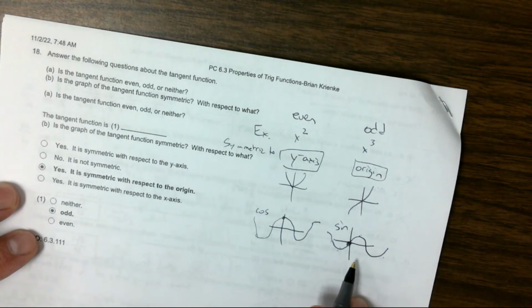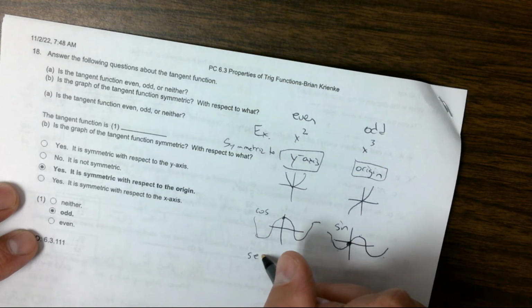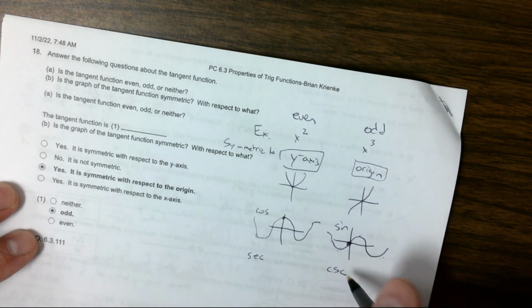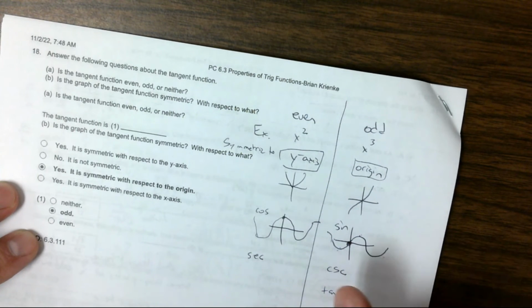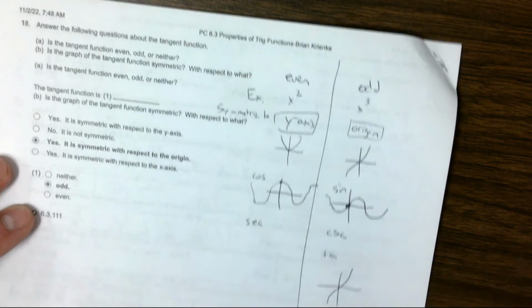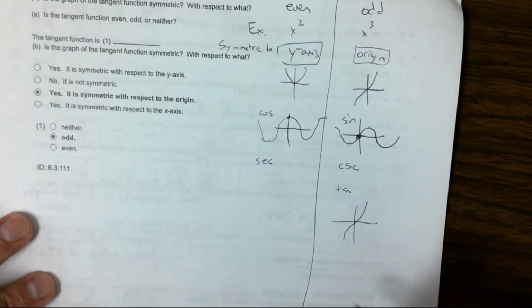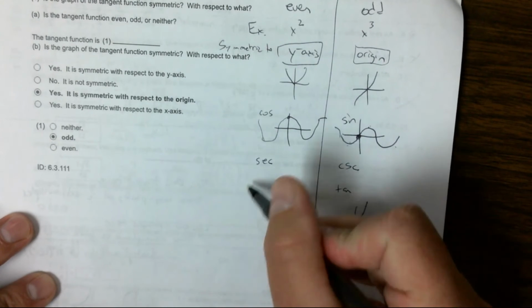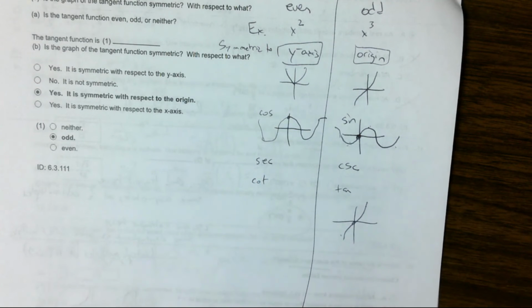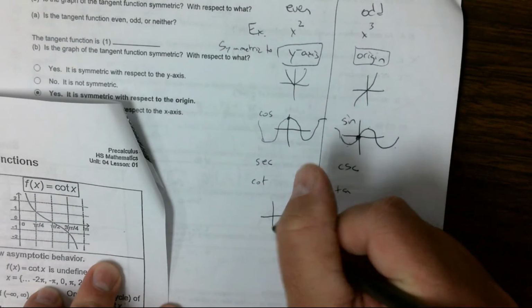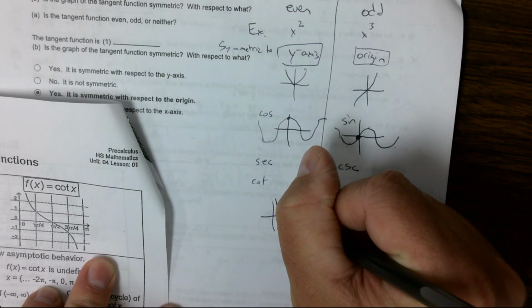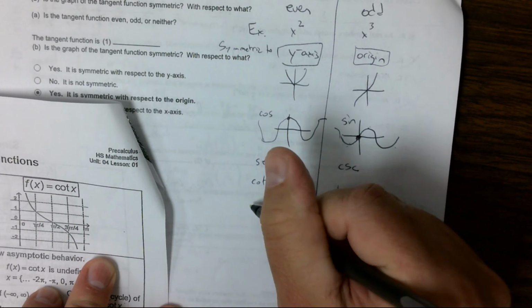In the same way, secant and cosecant would be in this column, and tangent also goes through the origin, and it's symmetric to the origin, and cotan is the other way. Cotan would be like that, and then repeat it.